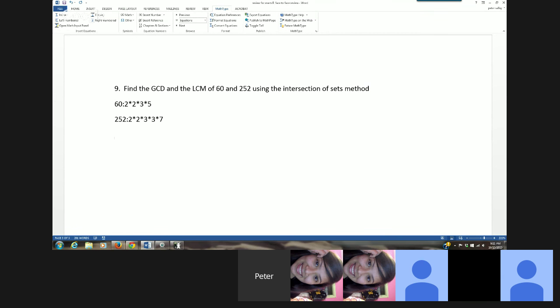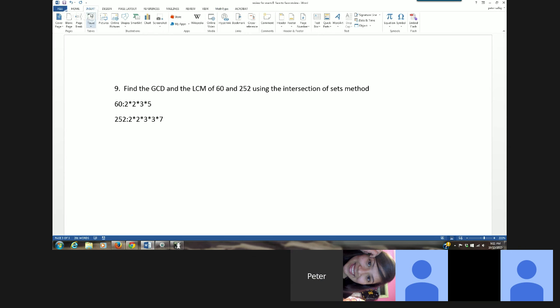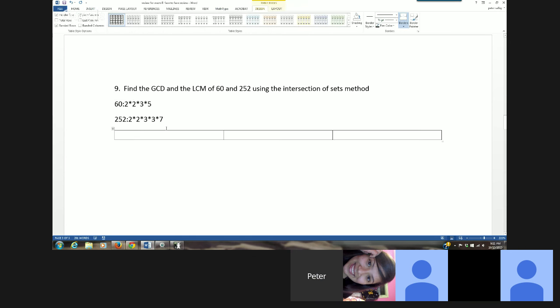Okay, so what I'm going to do then, this is going to be the lamest set ever. What do they have in common? I see they have a 2 and a 2 and a 3, so 2 times 2 times 3. I'm trying to be creative; this is so much easier when I can write on paper.